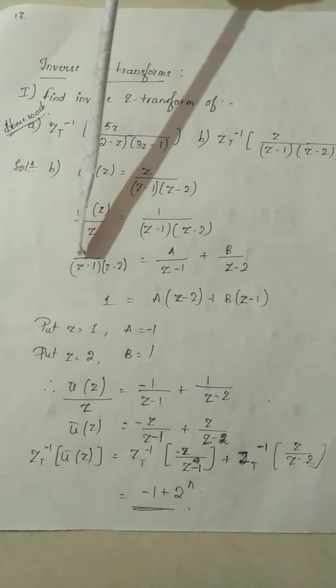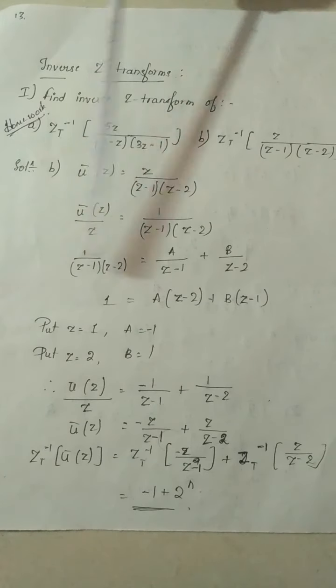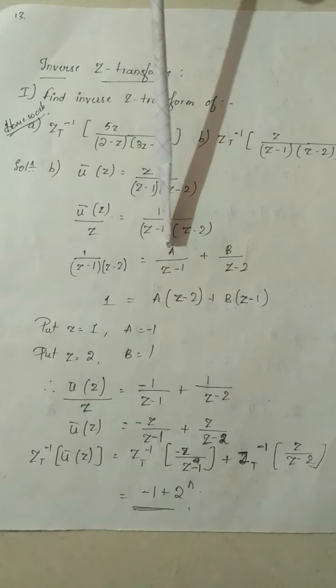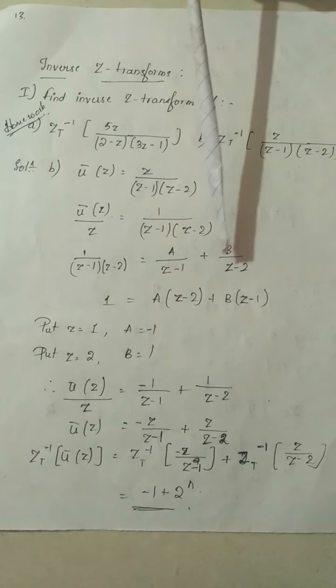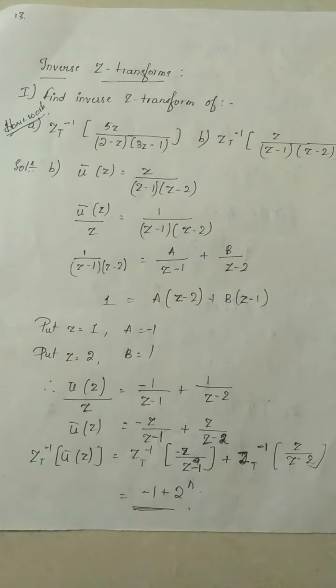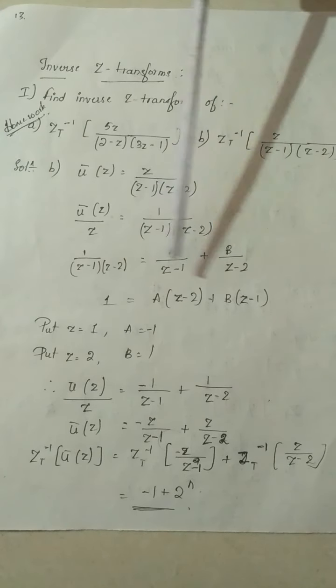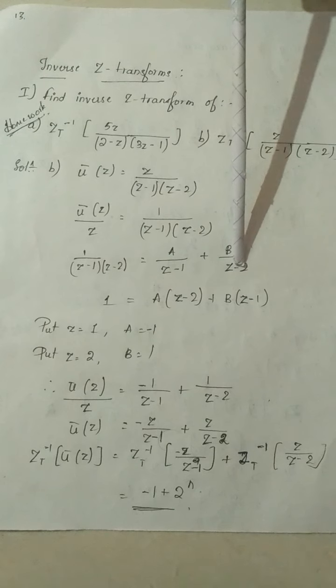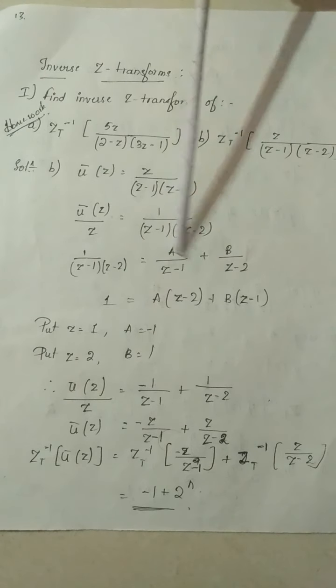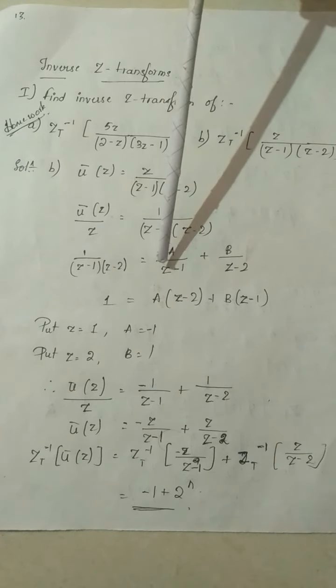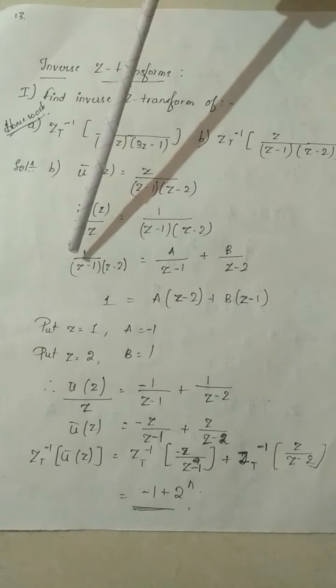You know, since it is a linear non-repeating factor, it can be resolved as a upon z minus 1 plus b upon z minus 2. Now here when you take LCM, z minus 1 into z minus 2 becomes the LCM. So a into z minus 2, b into z minus 1. Denominator cancels with this.